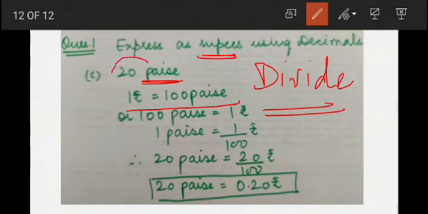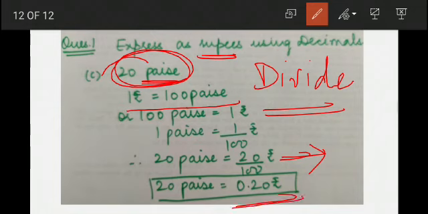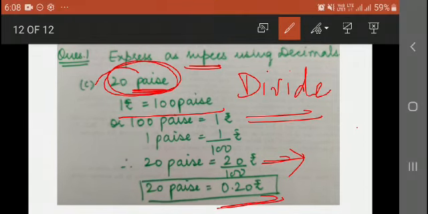So the factor of 100 is there. So when 20 paisa, that is a lower unit, is converted into a higher unit, we need to divide, and the factor by which we divide is 100. So 20 paisa is equal to 20 upon 100 rupees, which will be equal to 0.20 rupees.